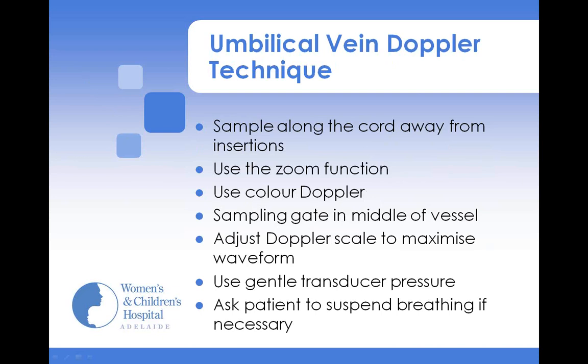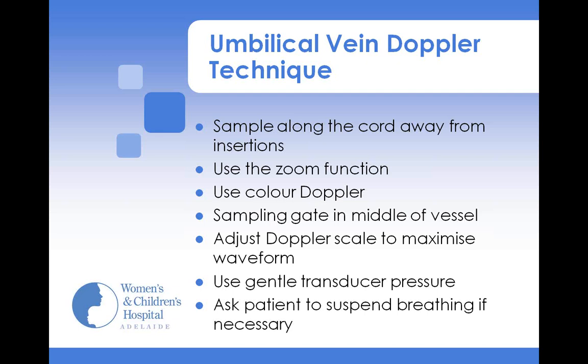So technique for umbilical vein really very simple. It's the interpretation that gets a little bit tricky because of fetal breathing, maternal breathing. Are there real pulsations in the umbilical vein or not? But we sample along the cord, much like the umbilical artery, so away from cord insertion and on both sides, the fetal and the placental.